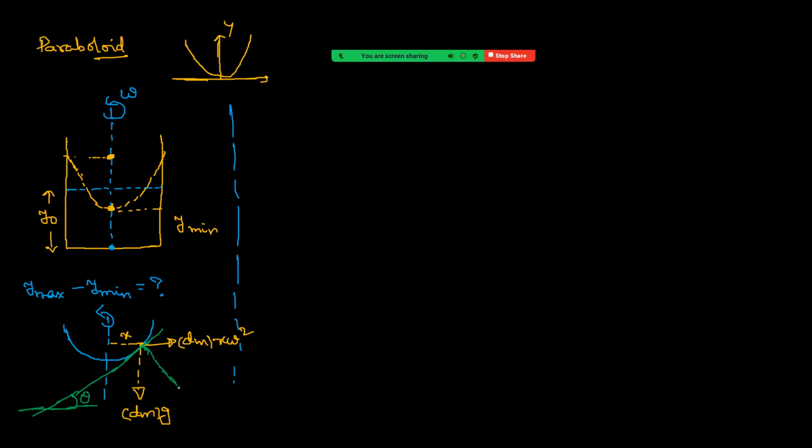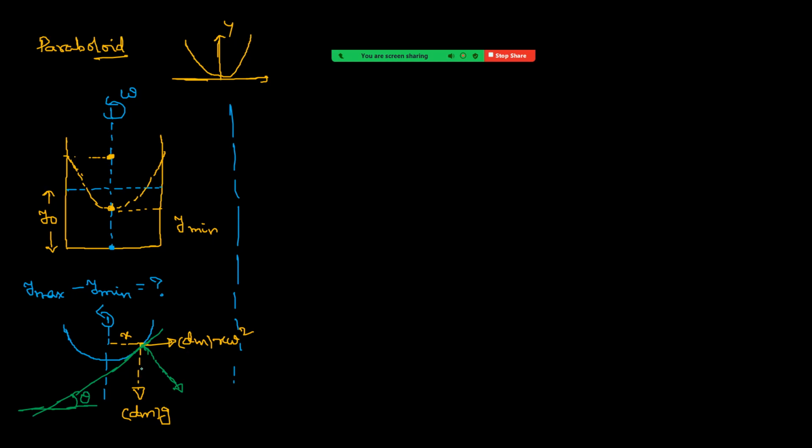So why is it normal? Because with respect to that element, the liquid is stationary. So when it is in equilibrium, the net force must be normal to the surface, because if there is any force along the tangent, then the liquid flows. So this is the resultant of these two, which must be normal to the tangent.